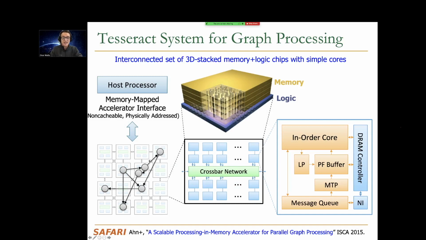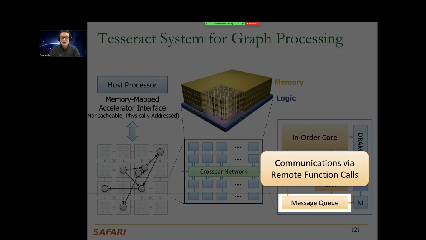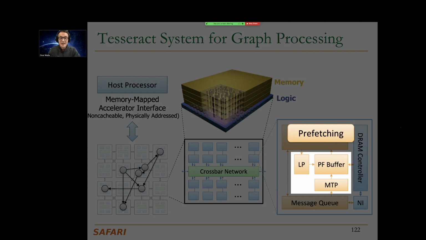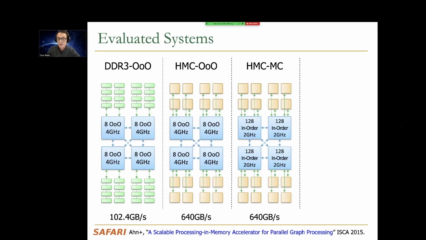Whenever you want to update a graph node, you send a message to the core that houses that node, and the update happens that way. So you move only the intermediate data, you don't move the graph nodes from one place to another. And hopefully, you minimize the data movements inside the system. That's the idea over here. You can think of this like a primitive GPU that's programmed using remote function calls internally. We also have prefetching mechanisms that I'm not going to talk about, but they're very important also.